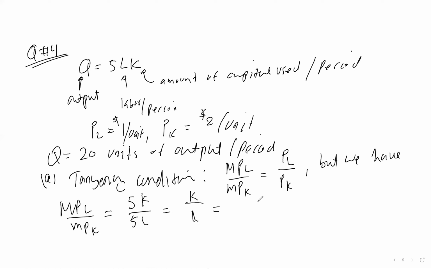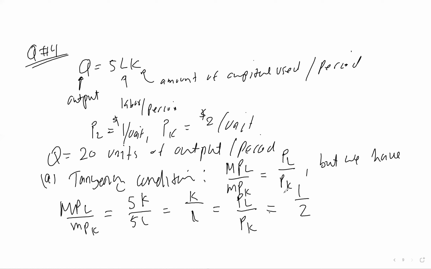And that is equal to the price of L over the price of K. And we know that the price of L is $1 and the price of K is $2, which is equal to 1/2.